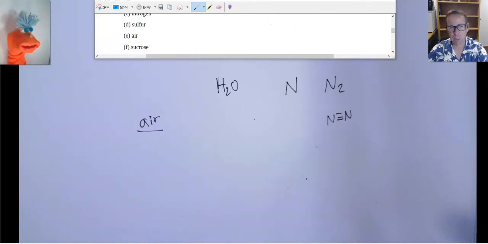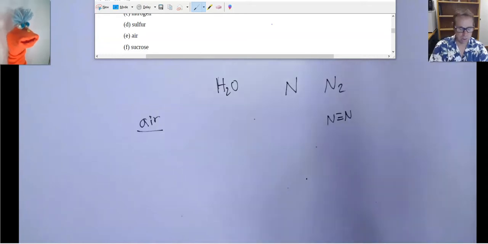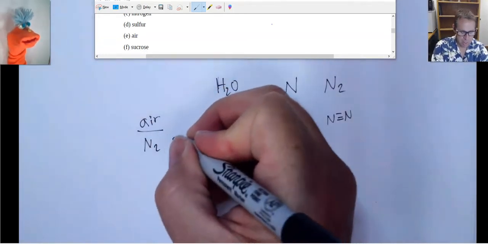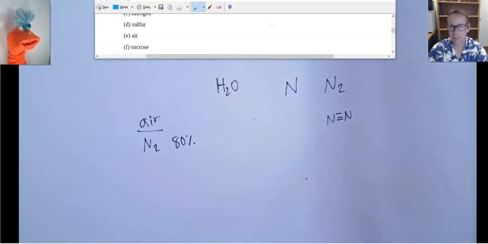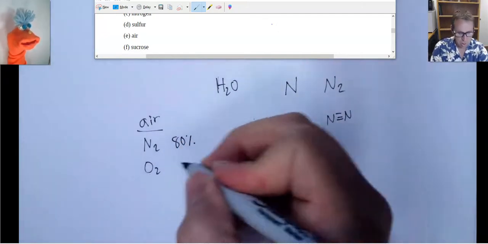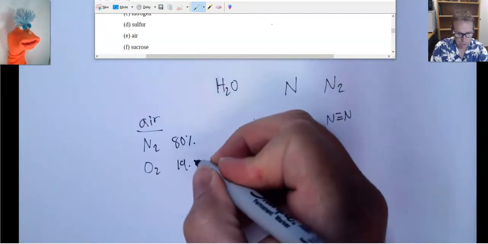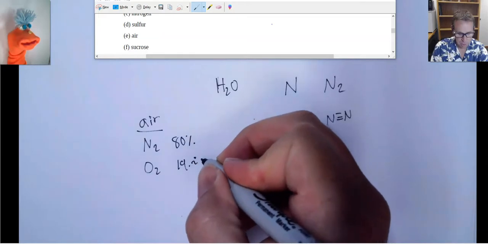Now, let's think. What's the main component in air? Do you know? It's oxygen. No, that's the second most abundant component in air. What's the first most? Carbon dioxide? No, it's nitrogen. Nitrogen gas is about 80% abundant in air. Oxygen is about 20%, 19 point something in air.